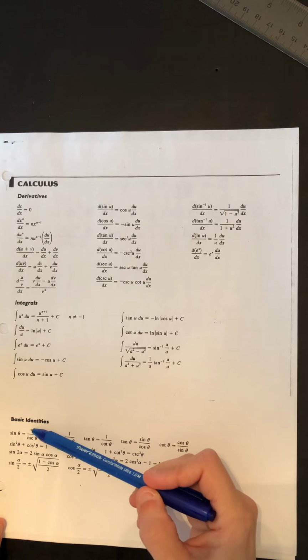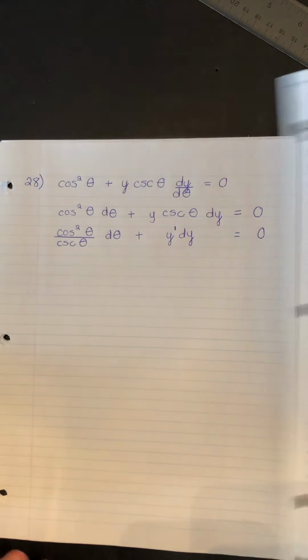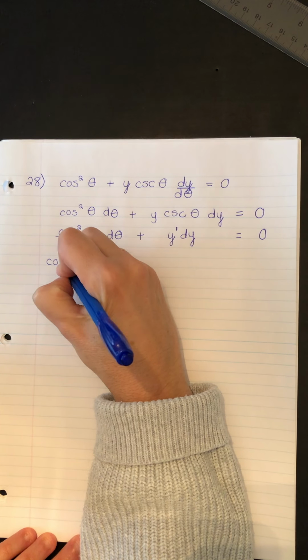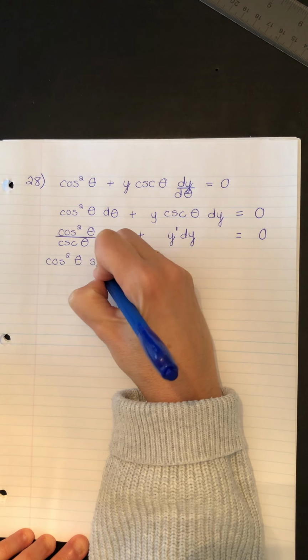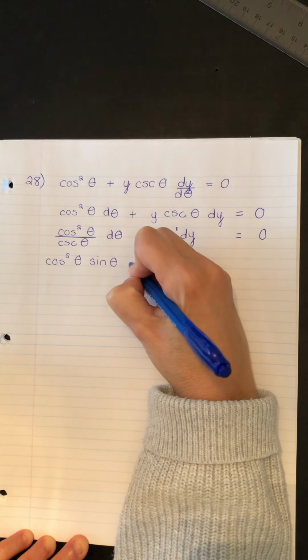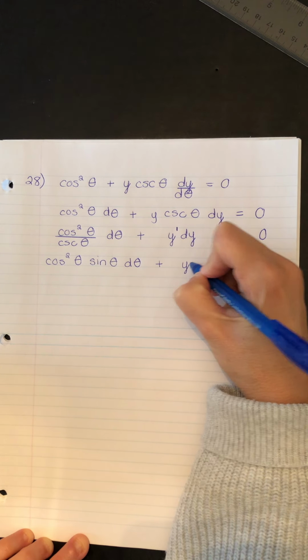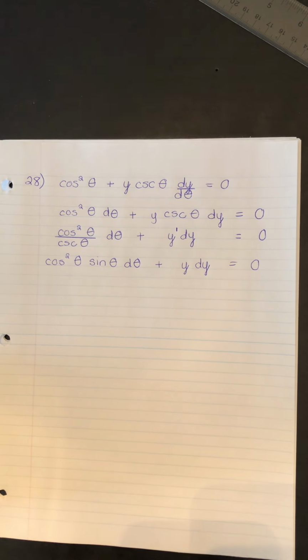What is 1 over cosecant theta? It's the sine of theta. So we can write this instead, cos squared theta times the sine of theta d theta. That's better already. It's always better to use a main trig function where possible.